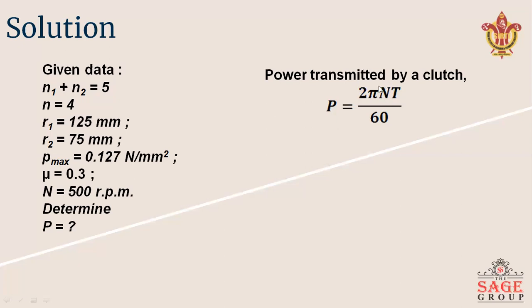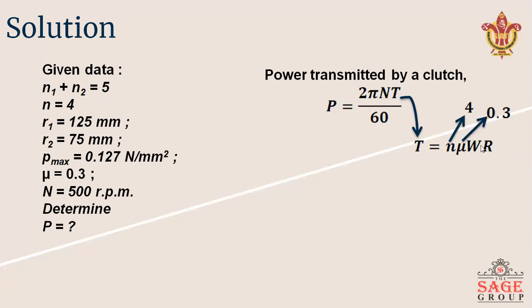N is given, that is 500 rpm, and if we can calculate the value of torque transmitted by the clutch, then we will have the value of power transmitted by the clutch. So the torque transmitted by the clutch T is equal to n mu W R. Here you can see the value of n is equal to 4. It is given in the given data, and mu is equal to 0.3.